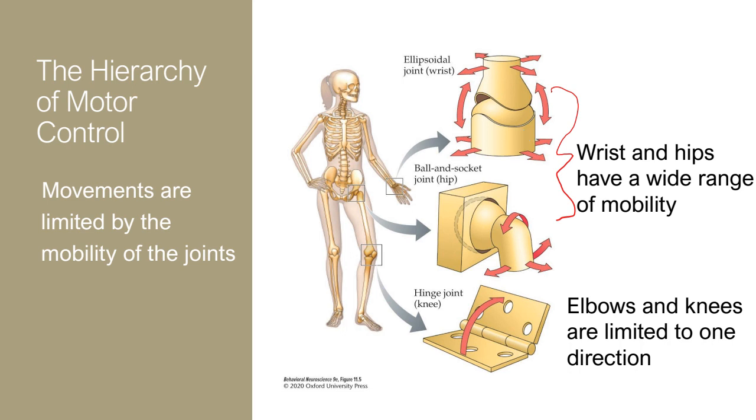The same with the wrist, quite a bit of movement. Both the wrists and hips have a very wide range of mobility compared to something like our elbows and our knees. Our elbows and knees you can think of as being like hinges on a door, right? They really only move in one direction, back and forth, and that's it.